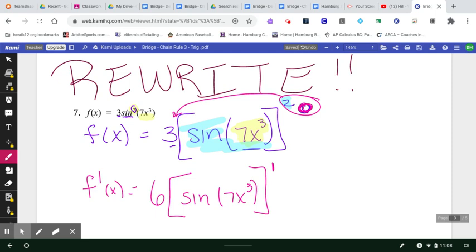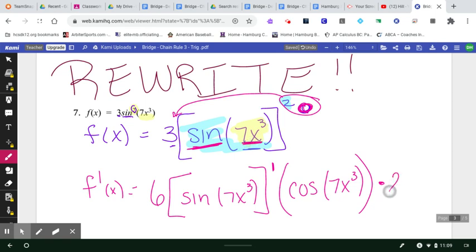So I'm going to go back to the first thing I read. The first thing I read is sine. Its derivative is cosine. Keep its inside. Times, now I'm going to go to the next inside, 21x squared, deriving that with my power rule.